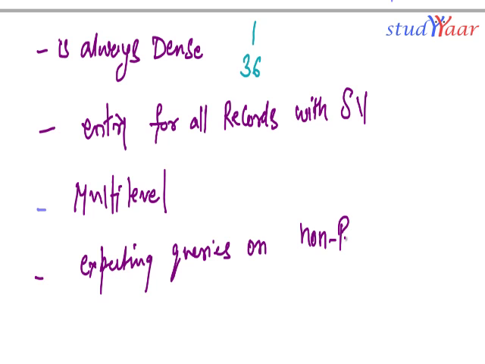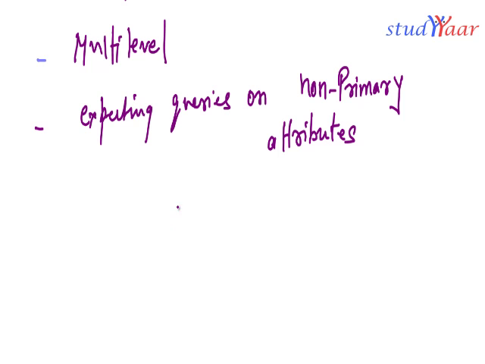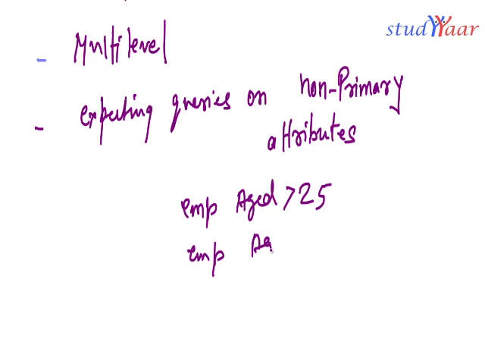Primary here means the attribute which is used to arrange the records in the files. So when I'm expecting many queries like find the employees aged greater than 25, or find employees whose age is between 20 to 40, then I would create a secondary index.